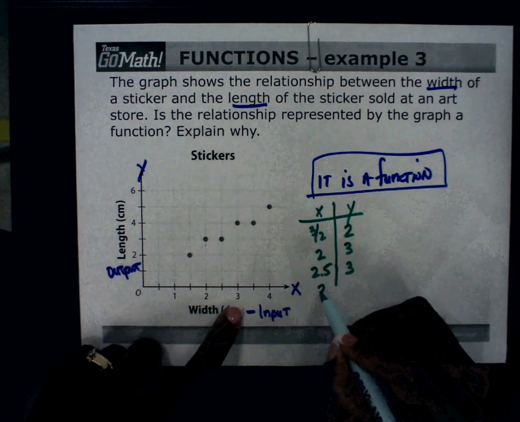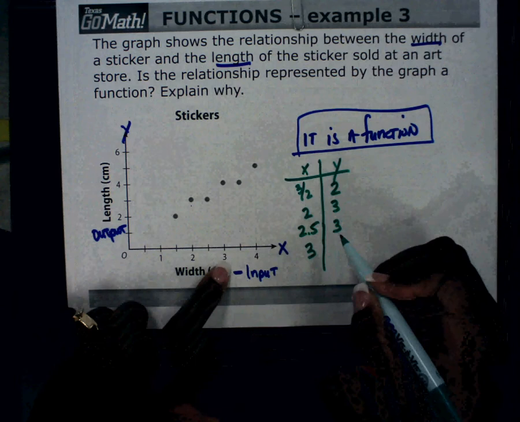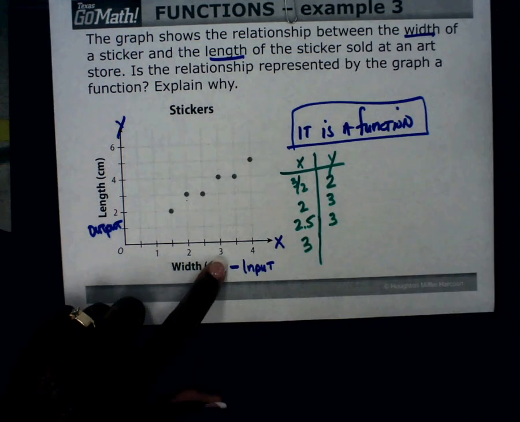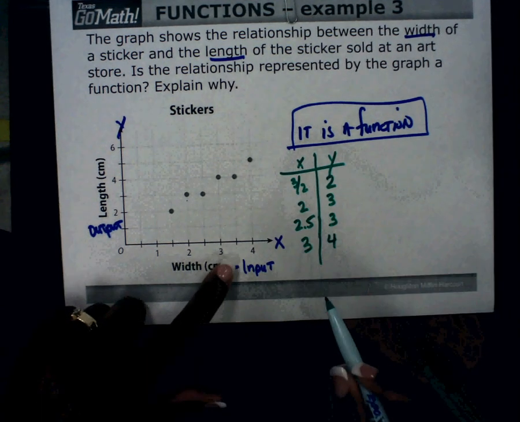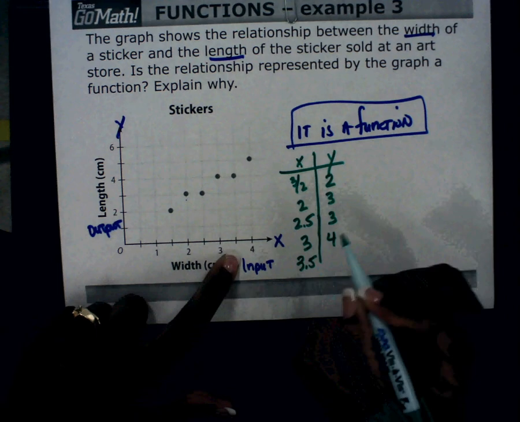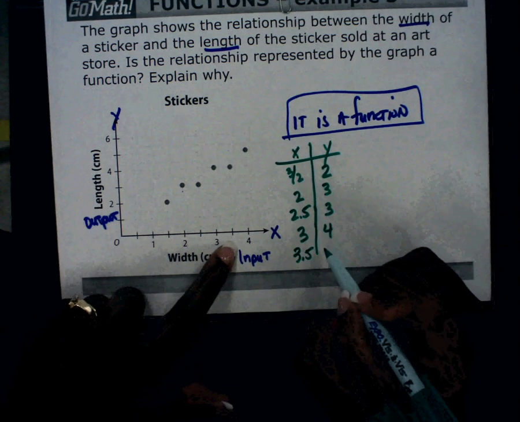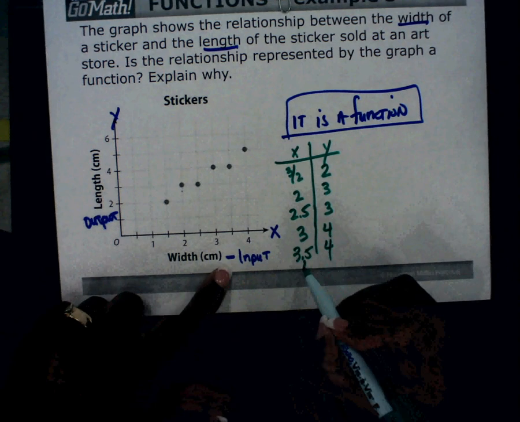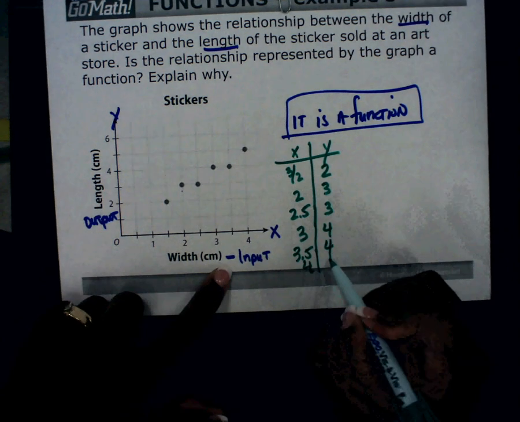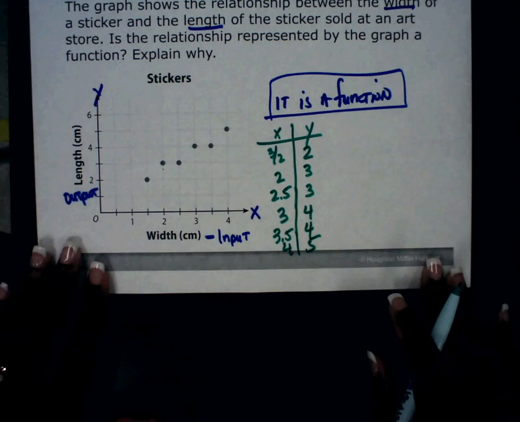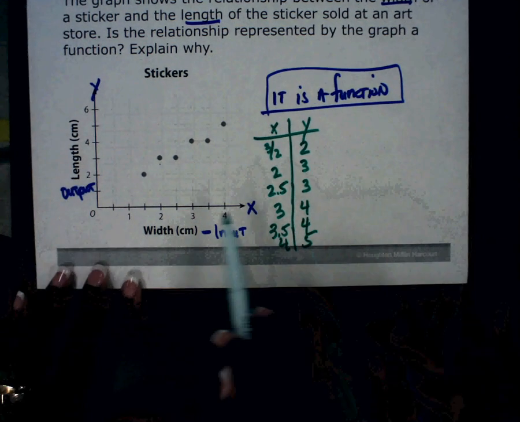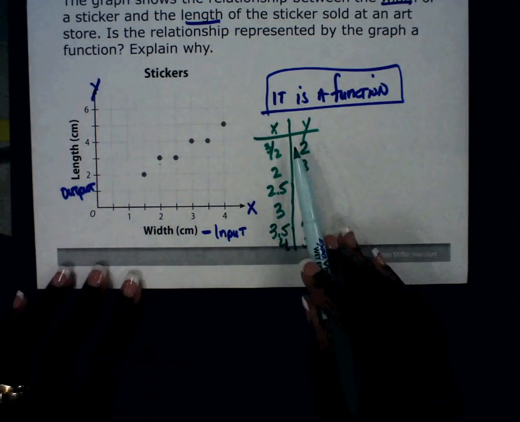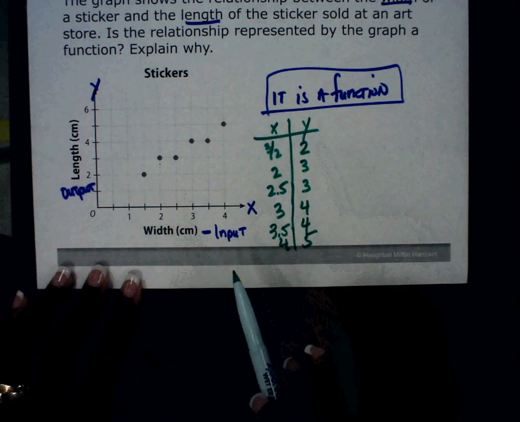And then for x of 3, my y is 4. And for x of 3.5, I have 4 for my y. And the last one, I have 4 for my x, and looks like 5 for y. Okay, so I have all of these points identified in my T-chart.